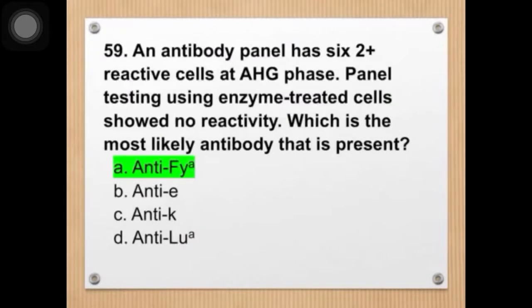Number 59. An antibody panel has 6 2-plus reactive cells at the AHG phase. Panel testing using enzyme-treated cells shows no reactivity. 2-plus po sa AHG, pero negative with enzyme.